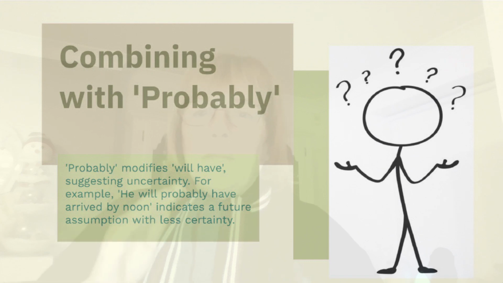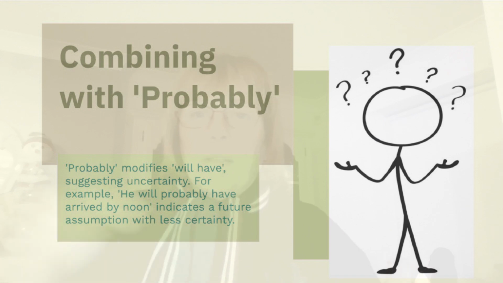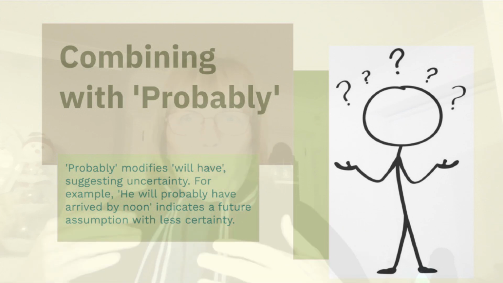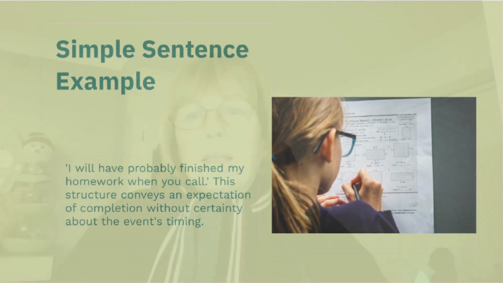So probably is modifying the phrase will have, and it's allowing us to have that level of uncertainty. So here's another example. He will probably have arrived by noon. So it's something that's going to happen in the future. It's something you're assuming or expecting to happen. But now you've used that word probably. Oh, less certainty.